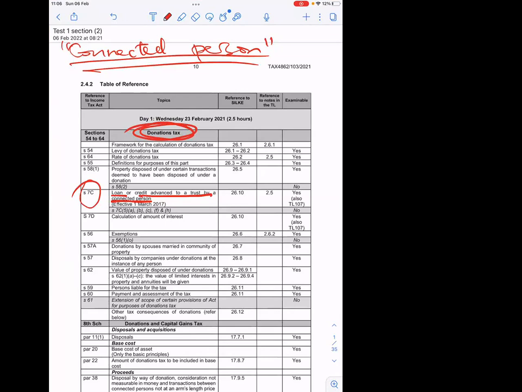So then section 7C will go on to talk about the nitty-gritties. What is deemed to have been donated? And what are the donations tax implications? We find it in 7C.